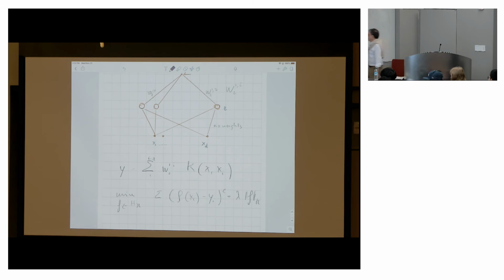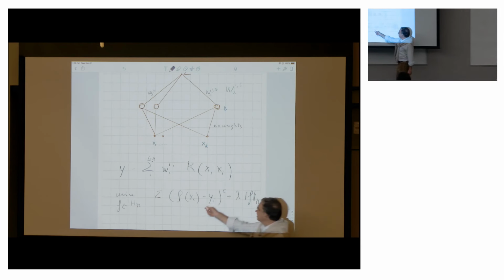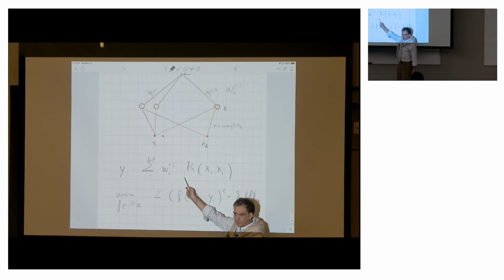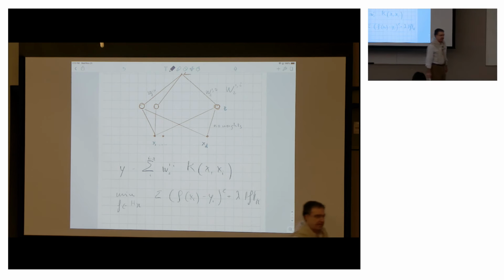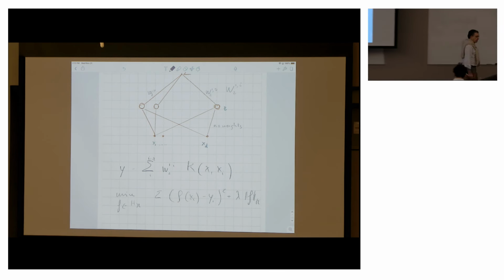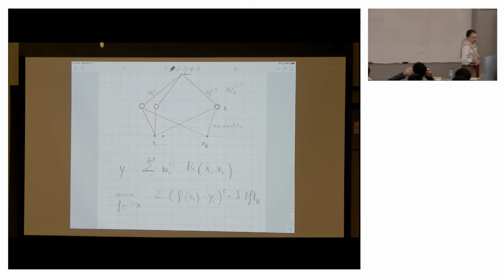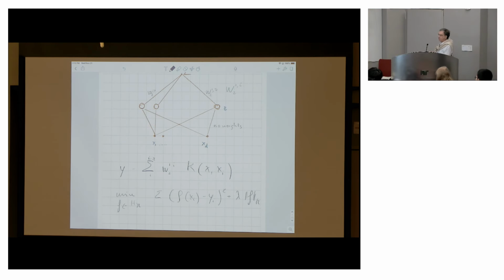So when you look at the solution of a minimization of this type, this is the typical solution you find. And this corresponds to a one hidden layer network like the one above with one set of weights.